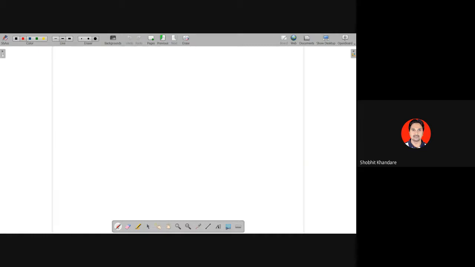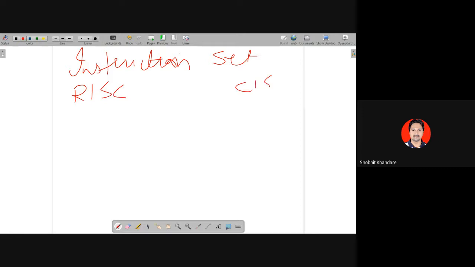Now I will start with the other classification of the microcontroller based upon the instruction set. Based upon the instruction set, we have two types: one is RISC and the other is CISC.